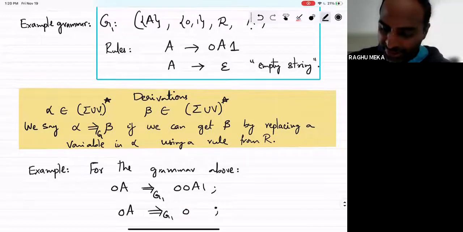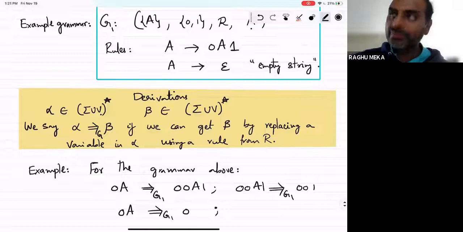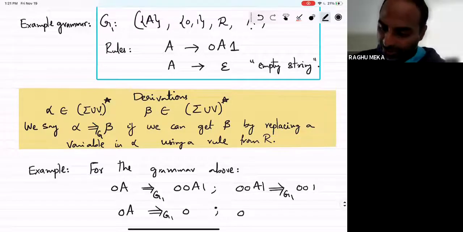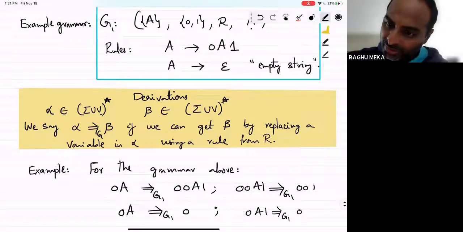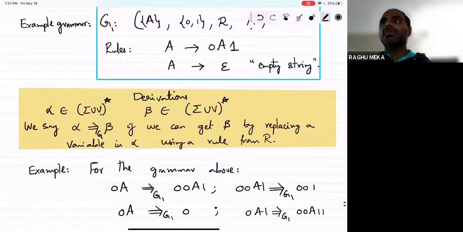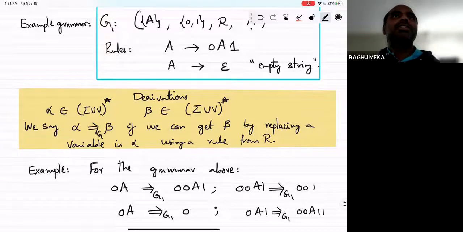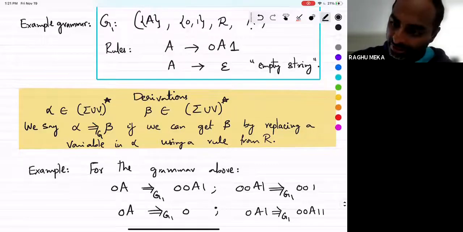I can say 00A1 goes to 001. Okay, so all of these are examples of derivations. We're just doing one application of the rule where I replace one variable with another. Maybe let me color code it.